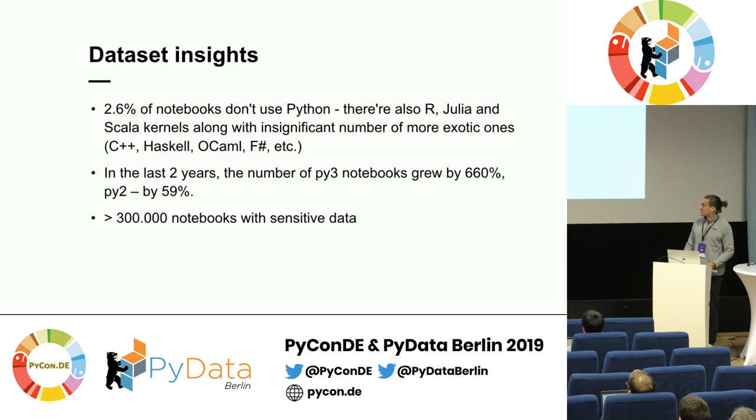So basically, some of the notebooks, like 2.6%, don't use Python at all. There are some Python-related ones, the Julia language, or some exotic ones like F#. Another interesting fact is that more than 300,000 notebooks contained sensitive data, such as credentials, passwords, and tokens, which is also quite a lot in that group of 6 million notebooks.